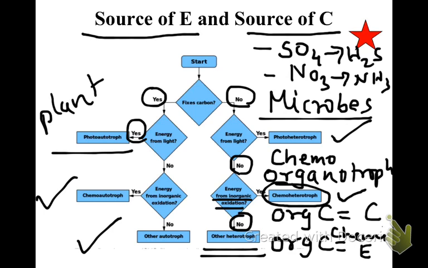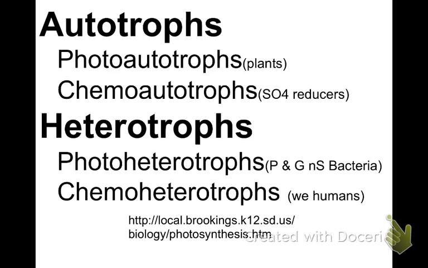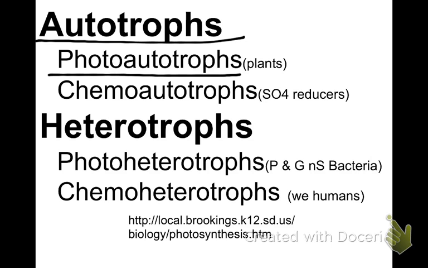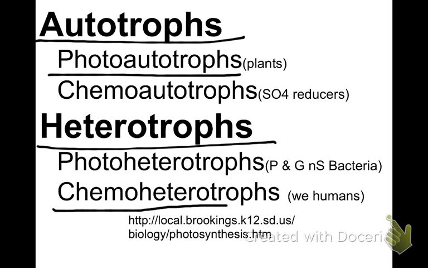What you need to know for this course is what is an autotroph, of which what is a photoautotroph, and what is a heterotroph, and we come under the bracket of chemoheterotroph. I know you would be thinking, in the previous page chemoheterotroph showed chemical, organic and inorganic oxidation, but sometimes we are bracketed under this as a general group, and it is not really split into two different uses of chemicals as a source of energy, and that's how they put it sometimes, and we would come under that bracket.